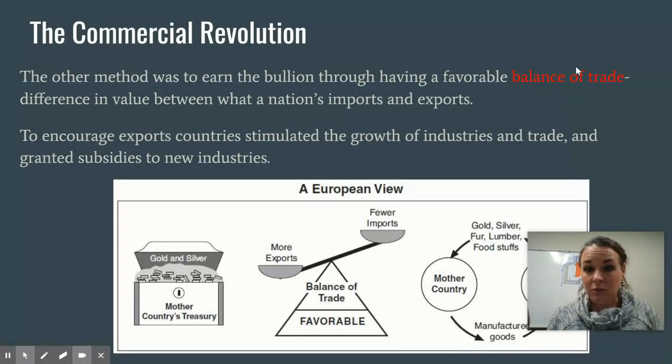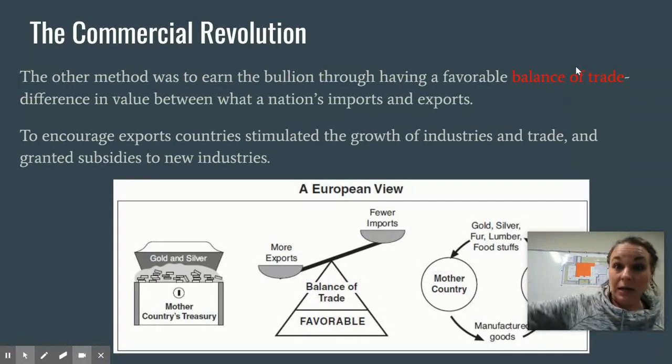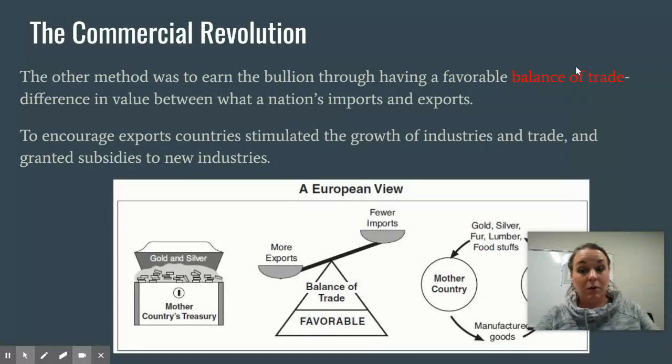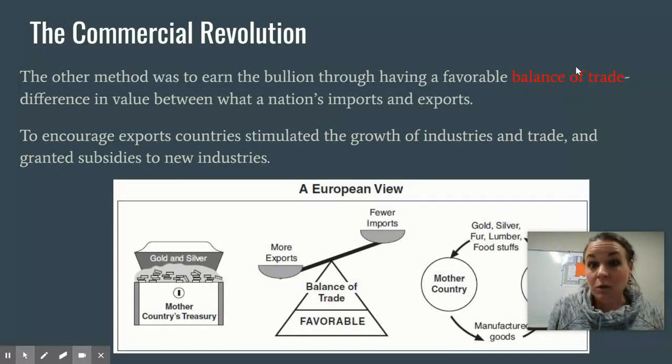You don't go to a clothing store and ask for a bundle of cotton. You go to a clothing store because you want the t-shirt, you want the jeans, and those are the refined products. The colonies are creating the raw materials. The mother country is then refining them. And again, that's where your money is.